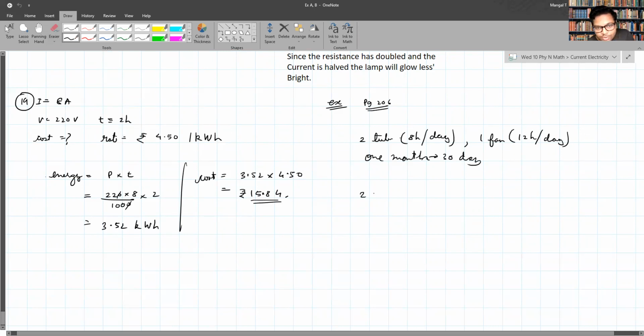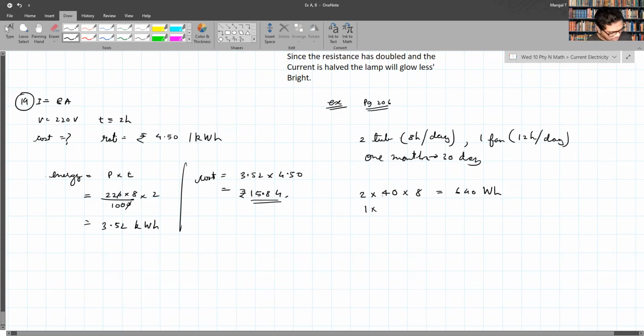So, two tube lights, each consuming 40 watt and for 8 hours. So that will be 2 into 40 into 8, that will be 640 watt hour. Then you have one fan.